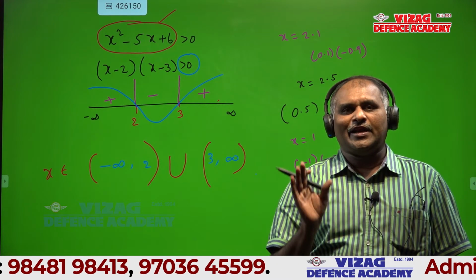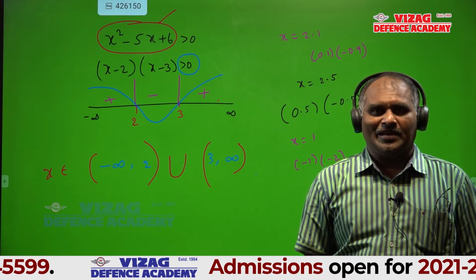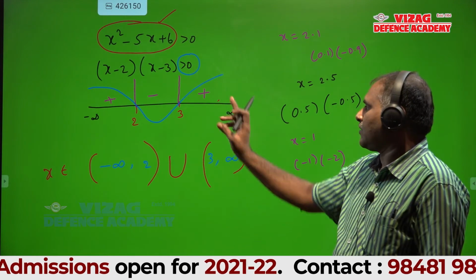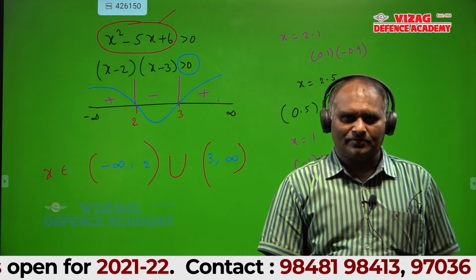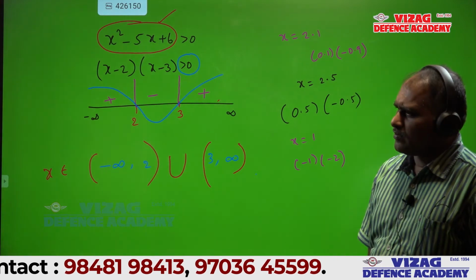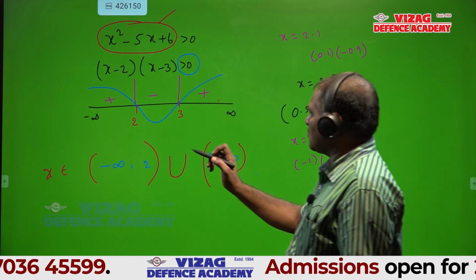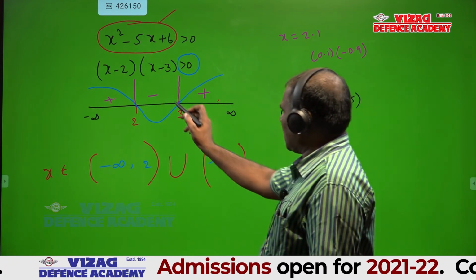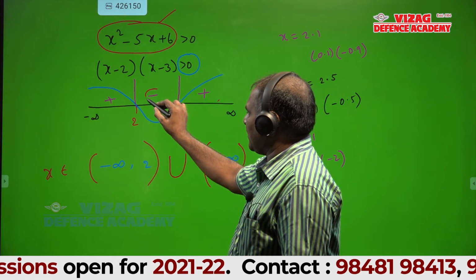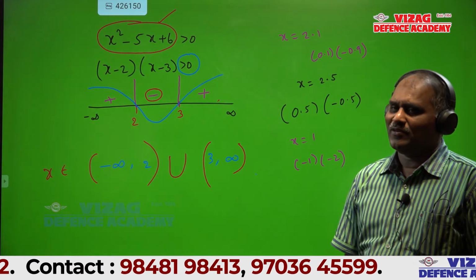It's a function sign, whether the function is positive or not. Sir, if x is equal to 2.5, then 0.5 into minus 0.5 gives minus 0.25. Yes, that's why I wrote minus here.